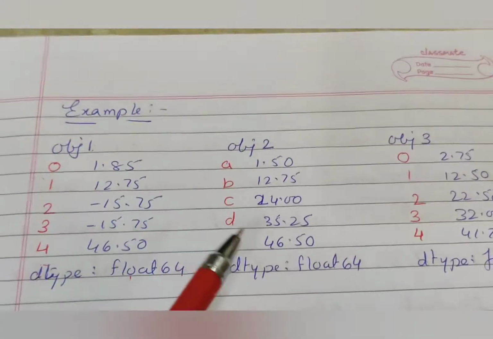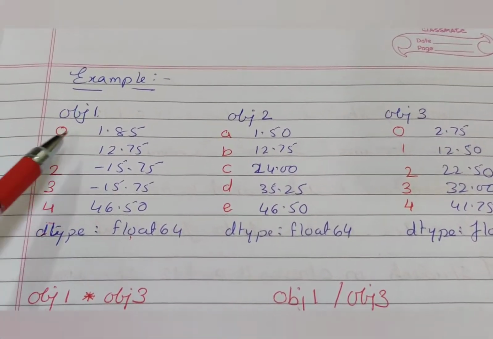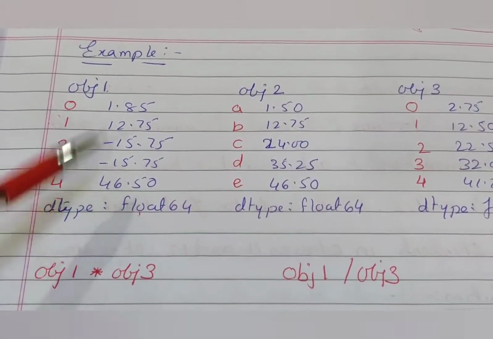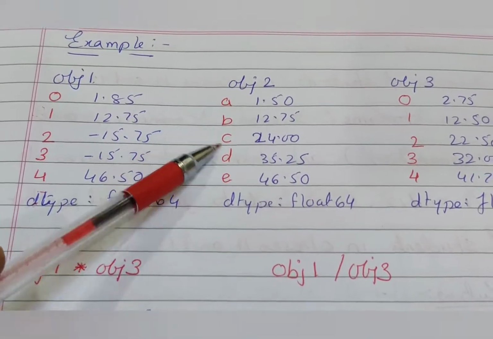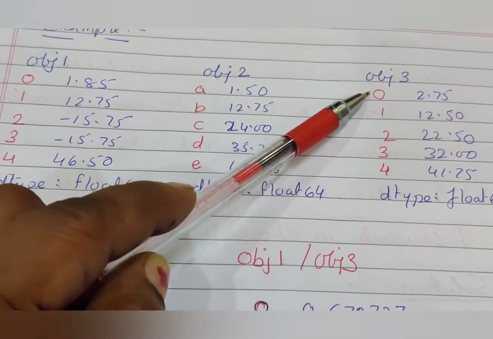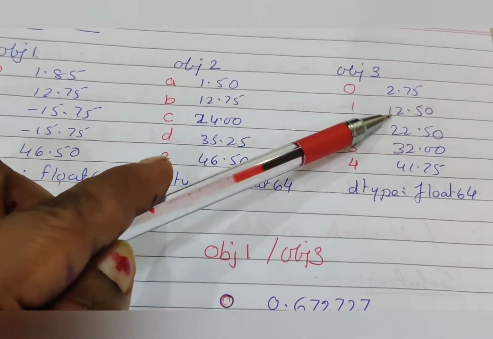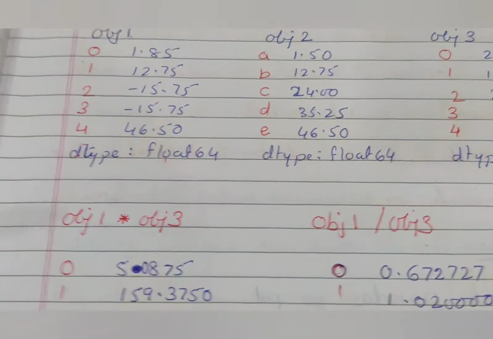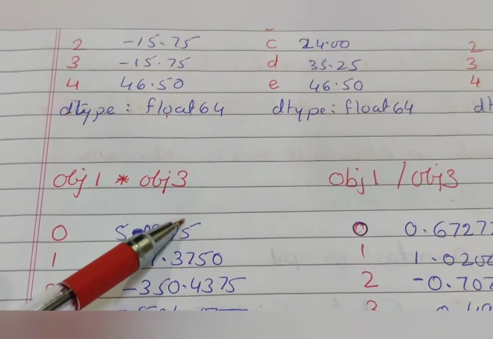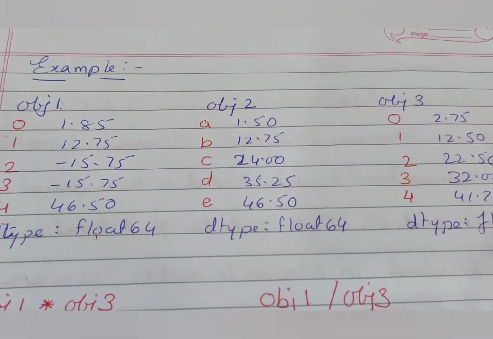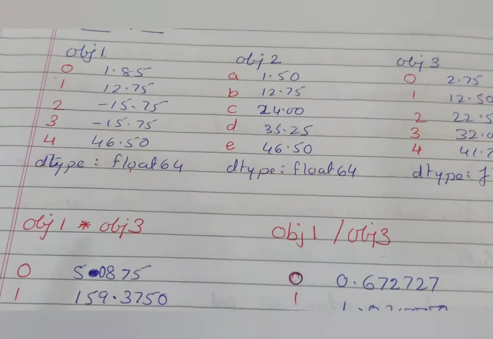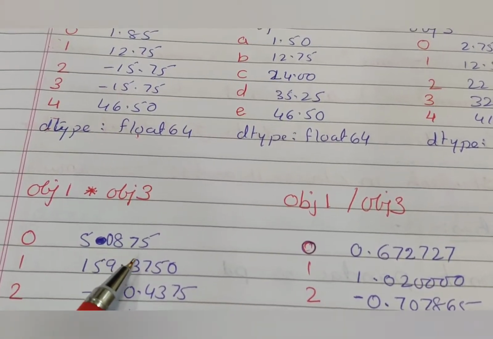Okay, so these are three different series: obj1 with index 0, 1, 2, 3, 4 having floating point numbers, obj2 with index values a b c d e having floating point numbers, and obj3 with 0, 1, 2, 3, 4 having floating point numbers. Now if I write obj1 into obj3, so 1.85 into 2.75 will become 5.0875.